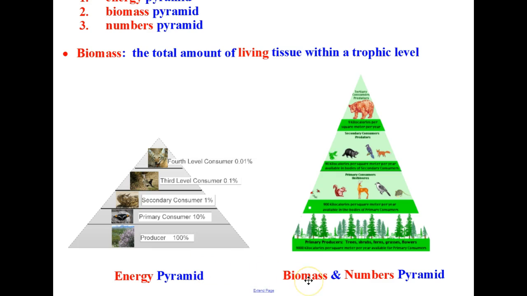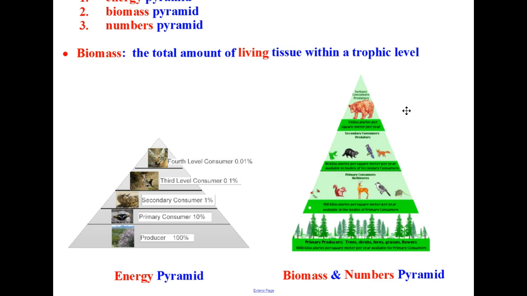Over on the right, we have a biomass and pyramid of numbers. They are often associated to be the same. Here, they show the different levels of biomass and numbers of organisms that are carried along each trophic level as you ascend the pyramid, going from producers to primary consumers to secondary consumers, and finishing with a bear here, which would be your carnivore tertiary consumer.